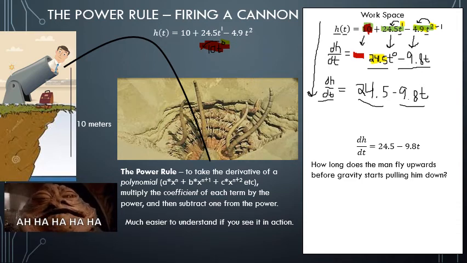So we want to figure out what is t, what does t equal at the turnaround point, right here. So if you look up at the picture now, we're trying to figure out how long does it take the person to get to this point right here. I just added an animation in there to make that happen. So that's the goal. So let's use the derivative now to figure that out.